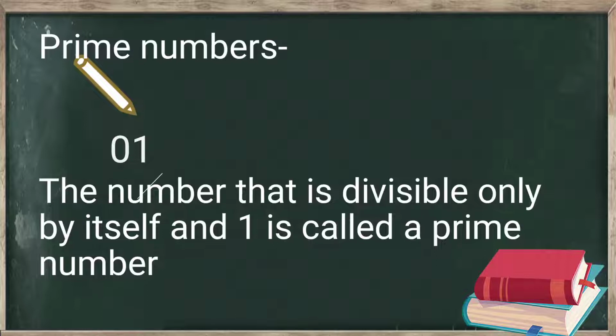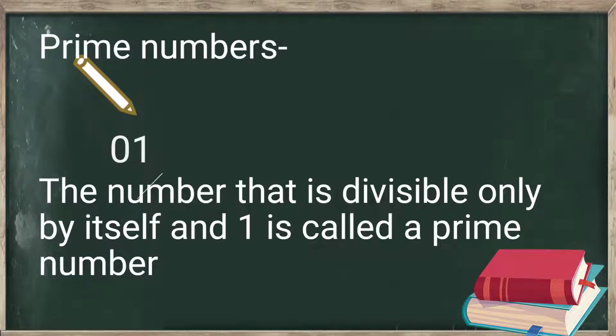The number that is divisible only by itself and 1 is called a prime number, meaning the numbers which are not divisible by any other number, they are divisible by itself and 1, that is the prime number.